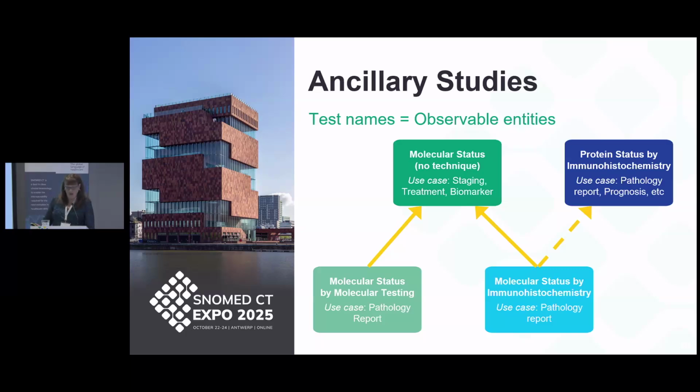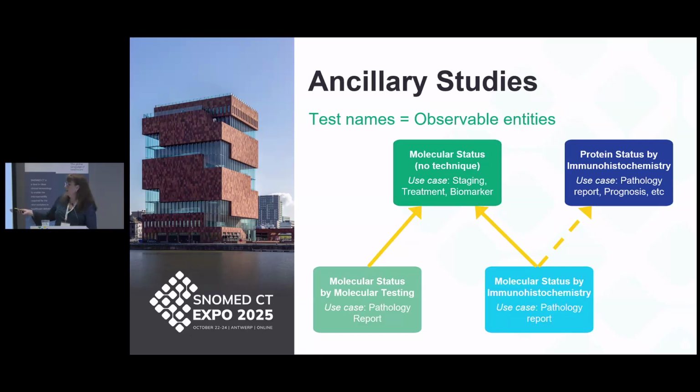So this is the model of the observable entity concepts that we use to meet these use cases. Firstly, we create a technique-free observable at the top, and this represents a particular molecular status with no technique, and we use this concept for some of our downstream use cases like the staging, treatment and biomarkers, where the technique is not as important as the actual interpretation or result.